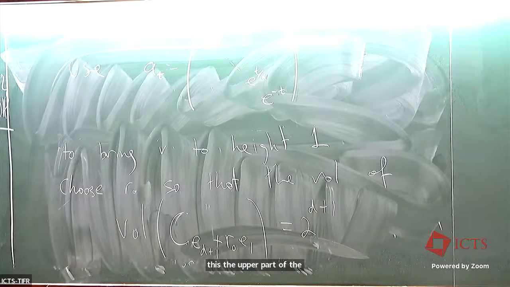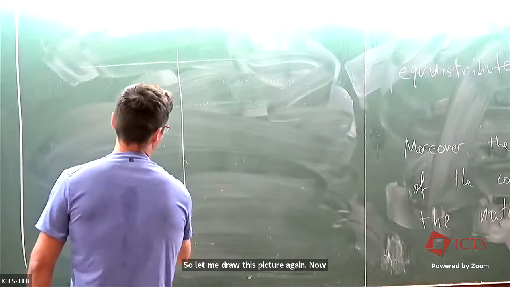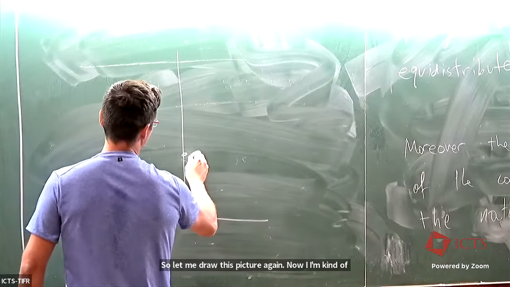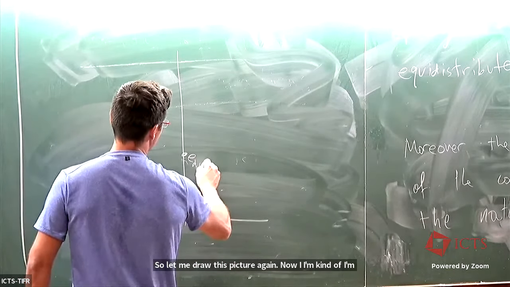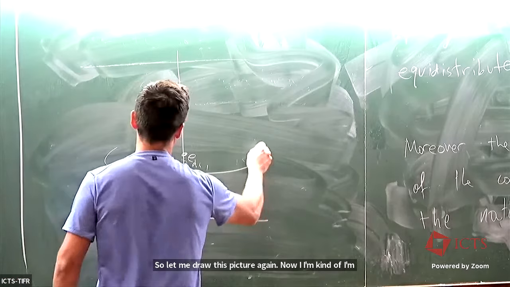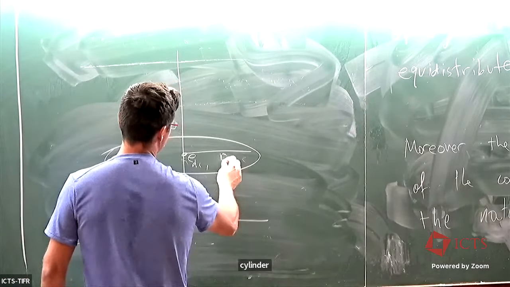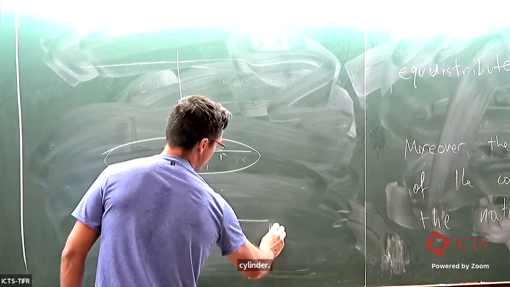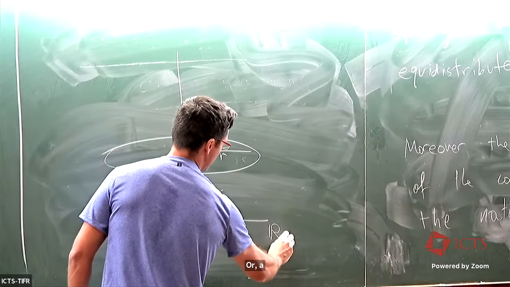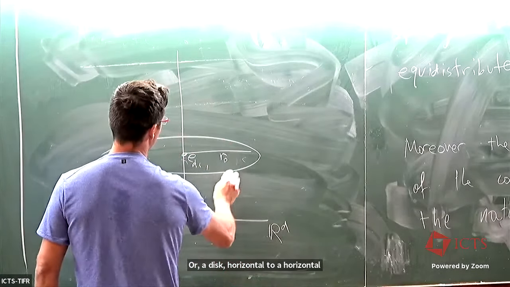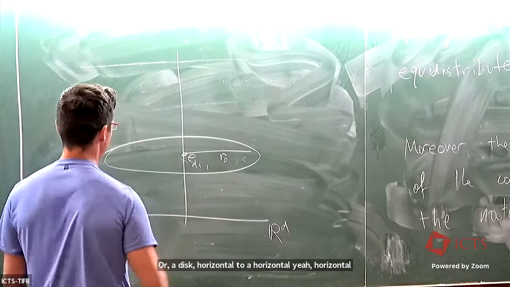So let me draw this picture again. Now I'm looking at height 1, E_{d+1}, and I'm drawing a horizontal disk of radius R naught, where R naught is chosen specifically this way.